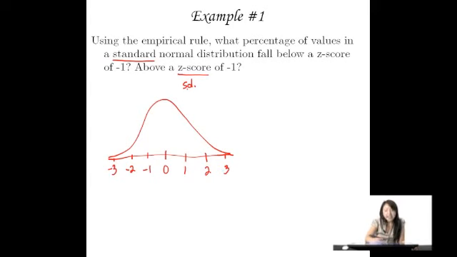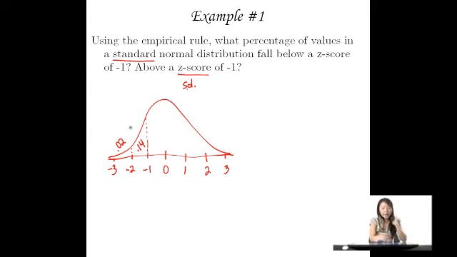Now, what they want to know is what percentage of values fall below a z-score of -1. Here we know that this area is about 14%, and this area is about 2%, and this area is pretty negligible.